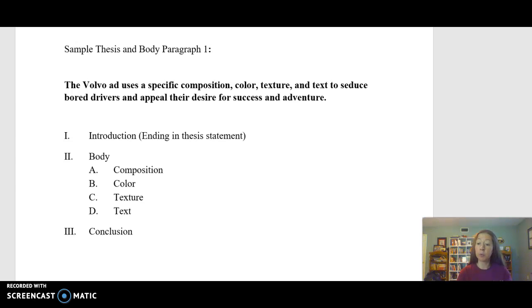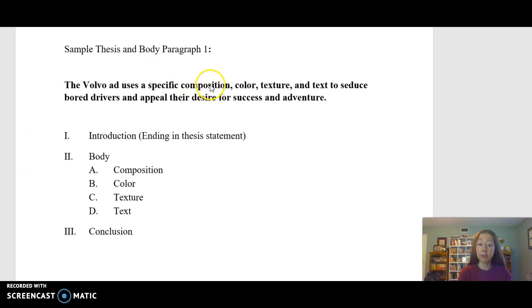Nothing special. This is what you're going to put into your writing log for the end of this week. Notice that you'll have an introduction that ends with your thesis. Then you'll have a body section with your body paragraphs. Because we list 4 criteria in our thesis, we will have 4 body paragraphs in our essay.